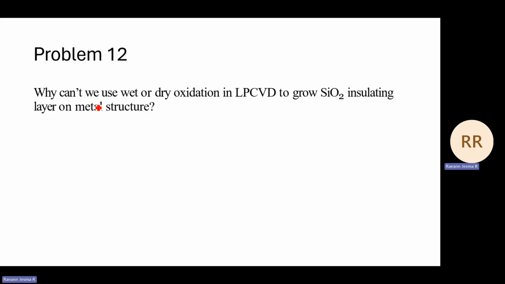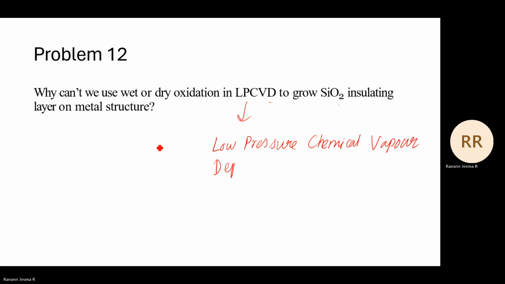Why can't we use wet or dry oxidation in LPCVD to grow a SiO2 insulating layer on metal structure? So what is LPCVD? LPCVD is low pressure CVD, chemical vapor deposition. In LPCVD we are operating the system at very low pressure.